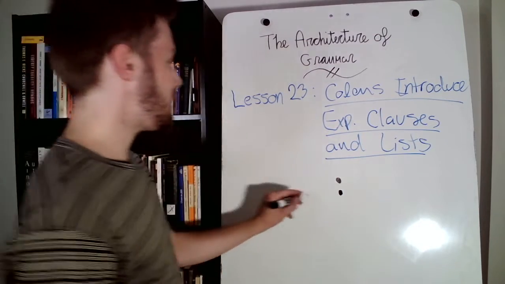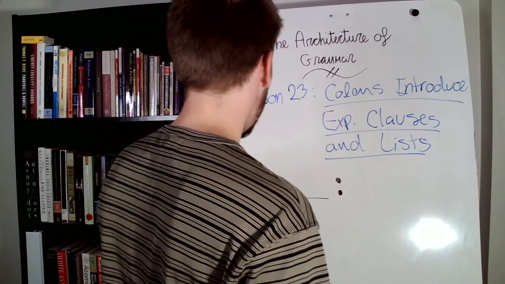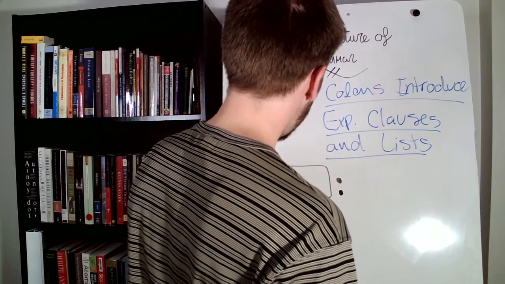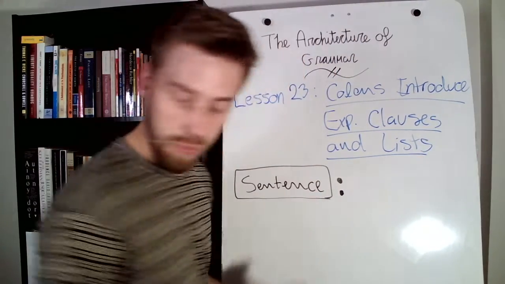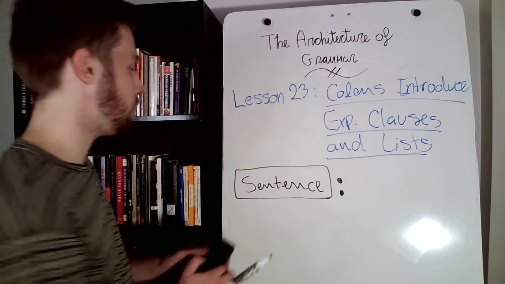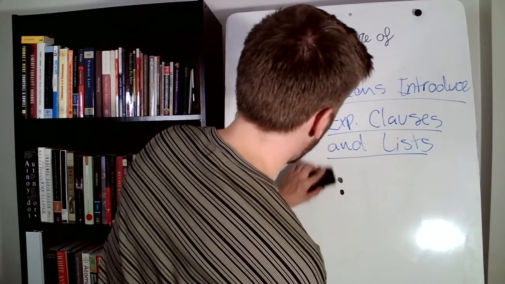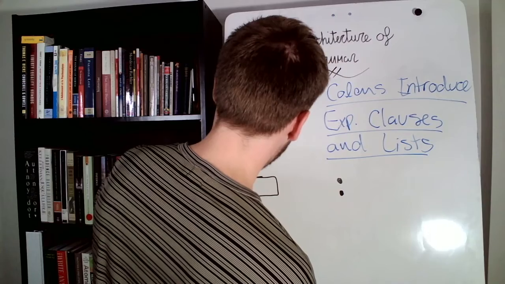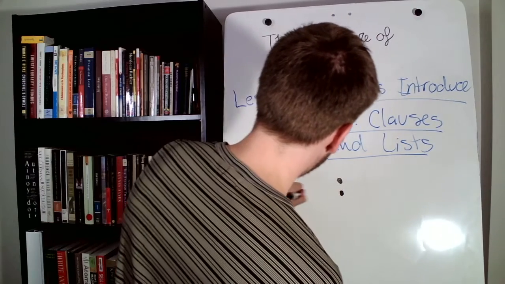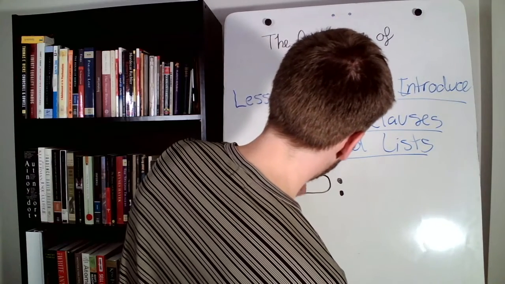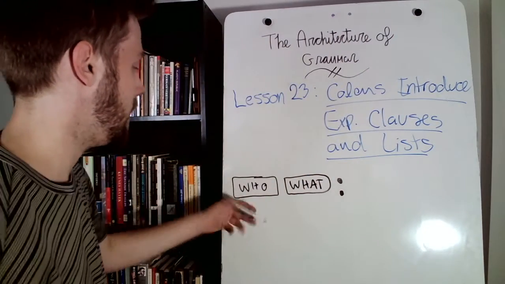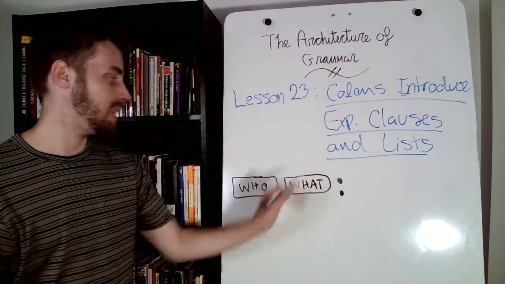So here we have a sentence. That's just going to be a big block, a sentence. Or just to put it in the terms that we've always used so far, we've got our who and our what. Minimally, there are other blocks as well, but minimally we have that.